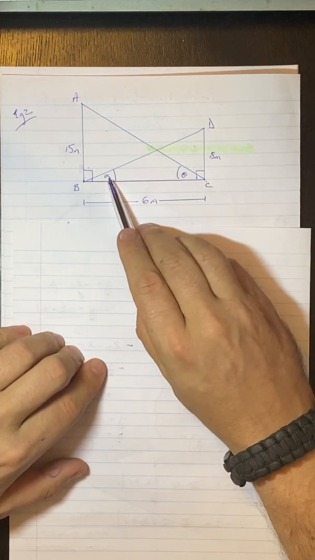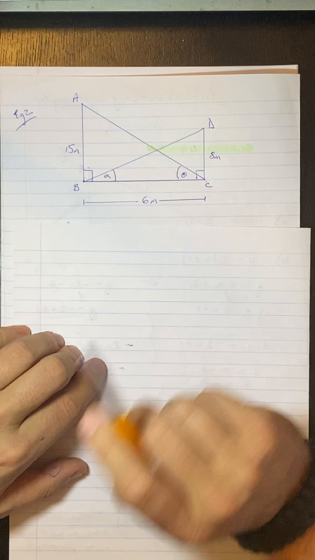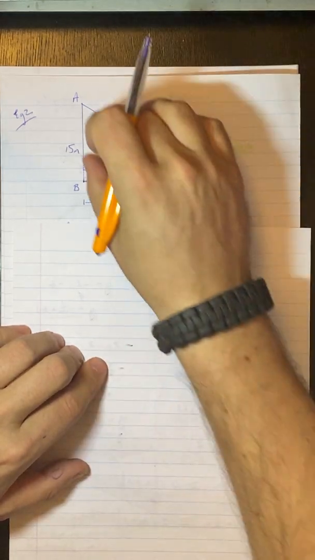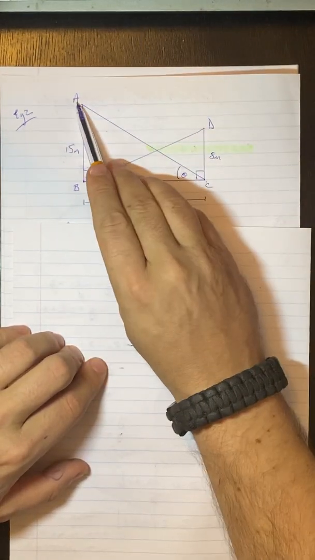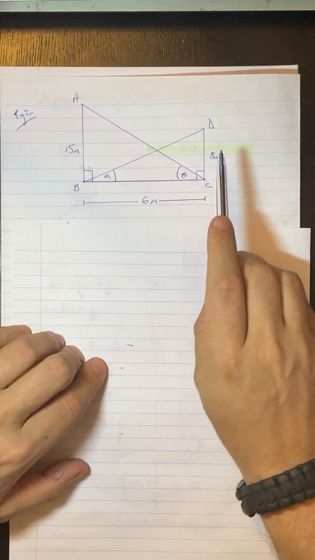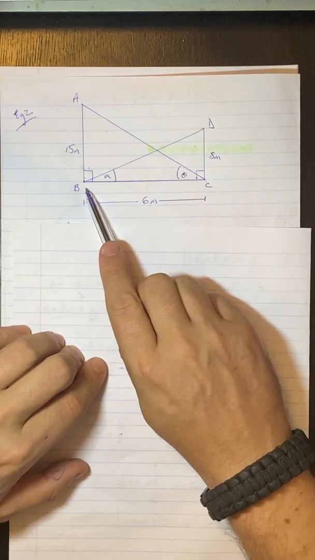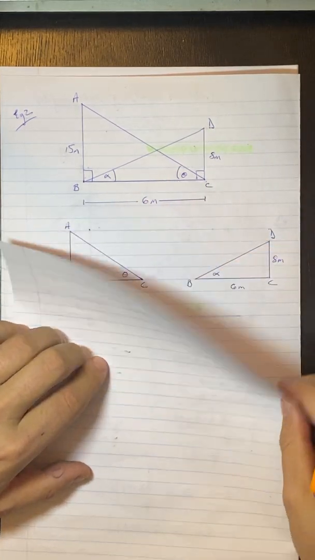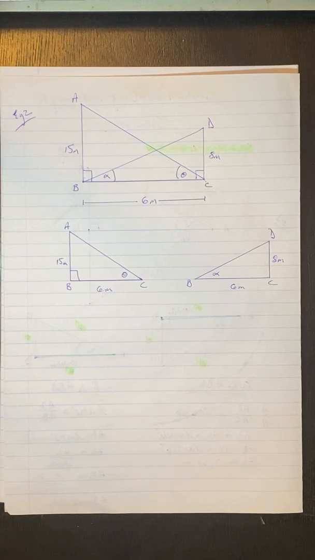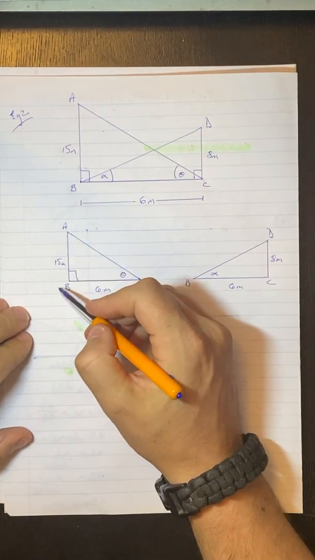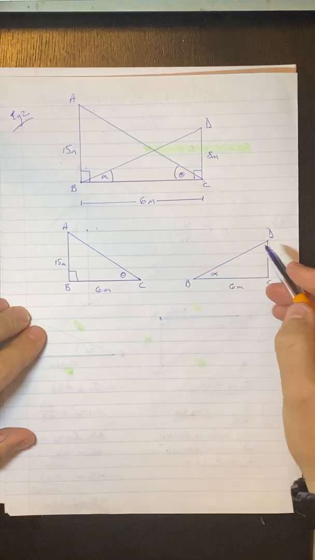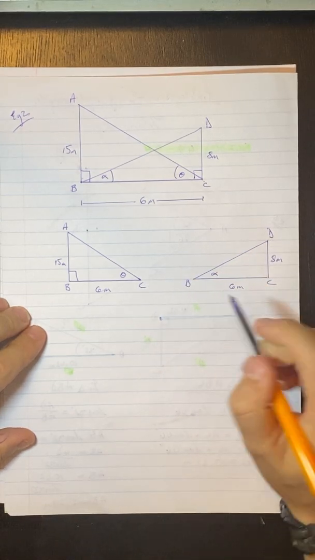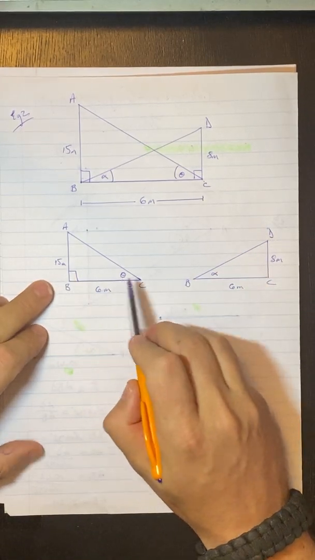So in other words, we need to find out what alpha is and what theta is. So again, we've got 2 triangles here. We've got this ABC triangle, and we've got this DCB triangle. I break the problem down into its 2 triangles. So we have this ABC triangle and this DCB triangle with its information in.